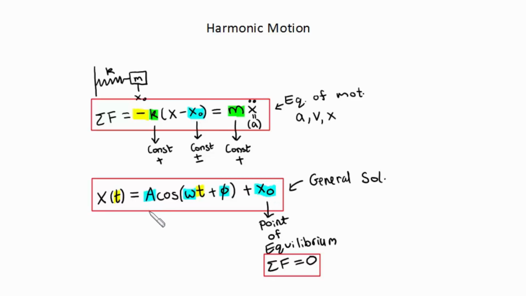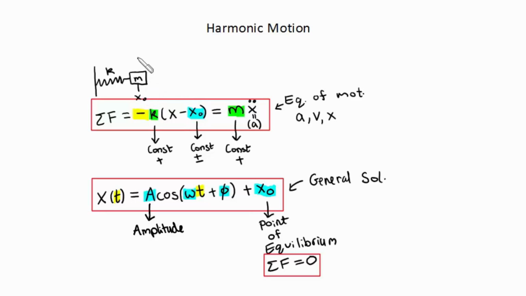So the next thing I want to know is what is my A? My A describes my amplitude, A for amplitude. So what in fact is my amplitude? My amplitude is the furthest distance away I can get from my point of equilibrium. So let's say my point of equilibrium is here, x0.